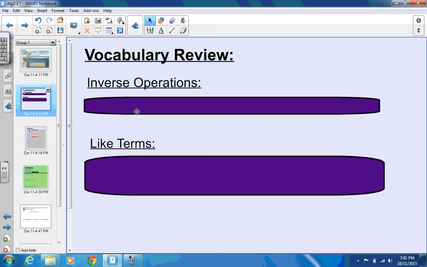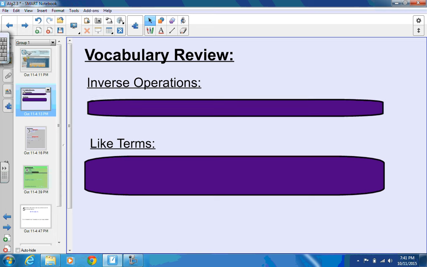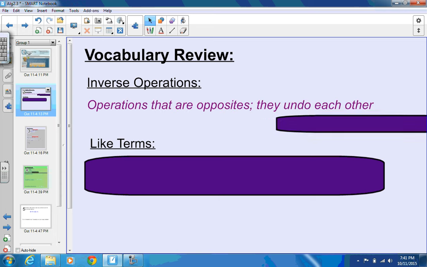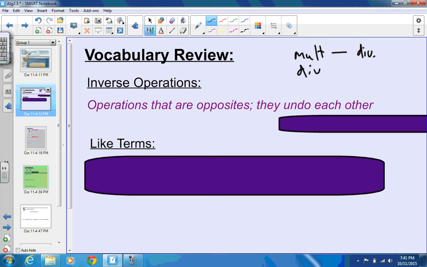Inverse operations, which we talked about with solving even just one-step equations, are operations that are opposites and they undo each other. So for instance, if we're talking multiplication, the inverse would be division. If we're talking division, then the inverse operation would be multiplication.